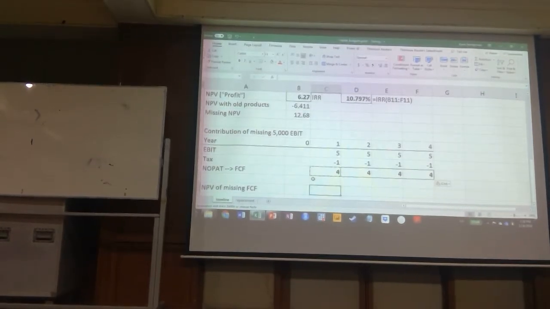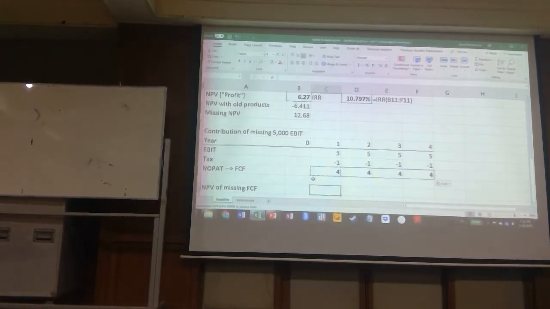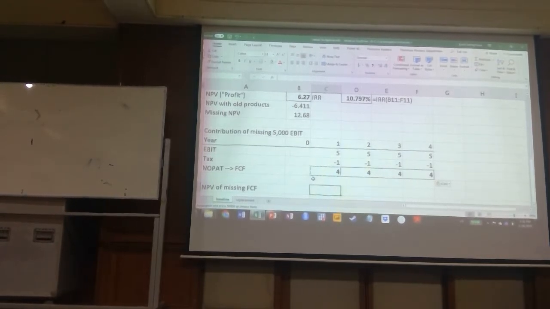Next question I want to ask is, my NOPAT goes up by 4,000 per year. What does that do to my free cash flow? Well, my NOPAT goes up, but it doesn't impact my depreciation or my working capital. I don't need to make any more investments. So all that NOPAT improvement goes directly to free cash flow. In some other situations, you have to think about, I get this incremental EBIT, but do I need to make any other investments? I want to take the net cash flow impact of the decision that I'm missing out.